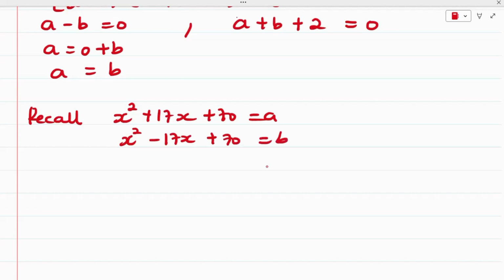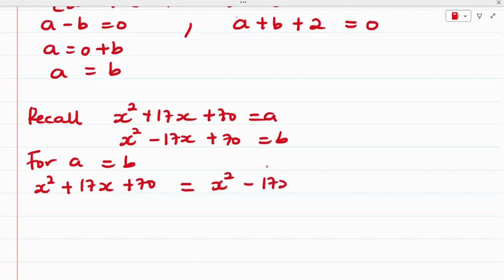So putting this into the equation a equals b, we have that x squared plus 17x plus 70 is equal to x squared minus 17x plus 70. At this point, x squared cancels x squared and plus 70 cancels plus 70. So we have 17x is equal to minus 17x.